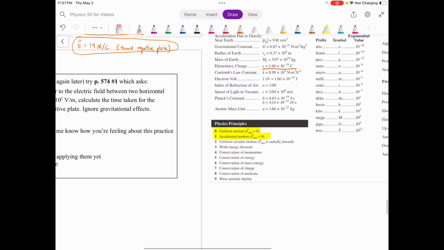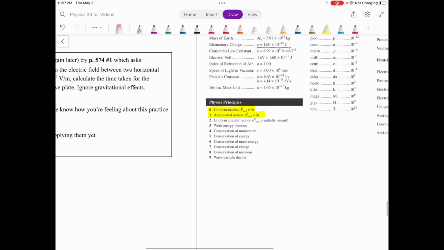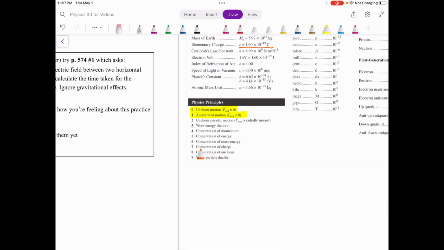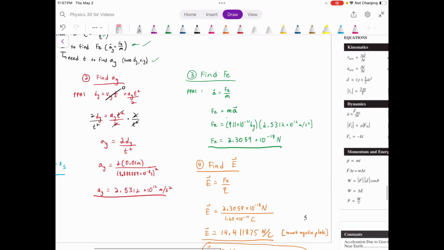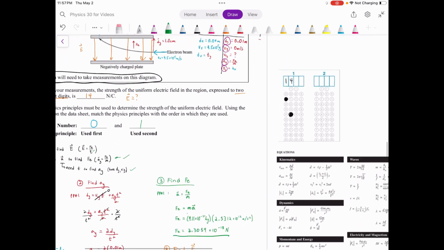Physics principle 1, accelerated motion. Was charge conserved here? Yes. But did we use the fact that charge can't be created or destroyed to guide our calculation here? No. So I would say we used 0 first, and then we used 1. Physics principle 0, physics principle 1.